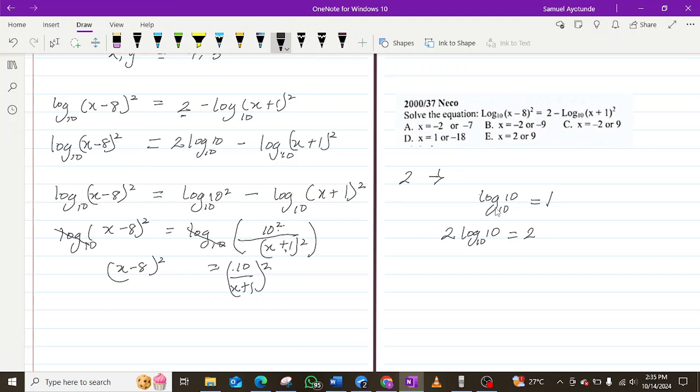So from here, take the square root of both sides.